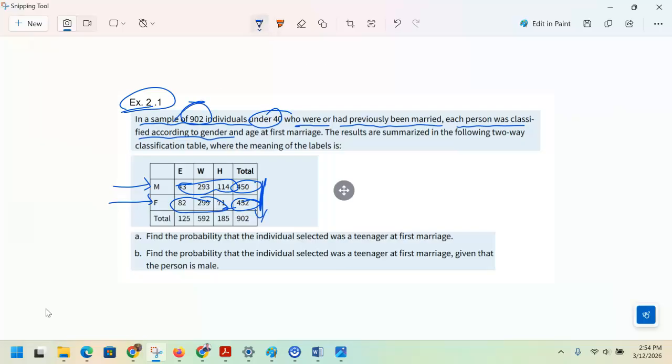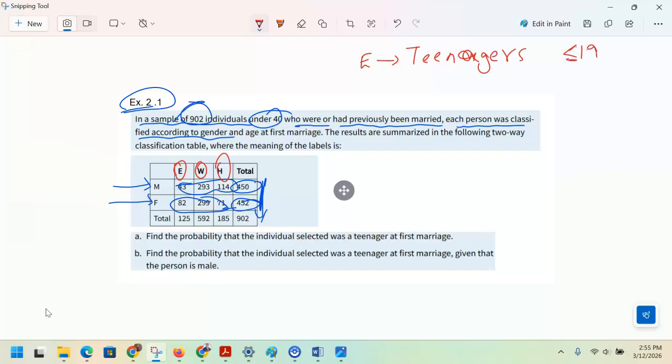But the question is, what is the meaning of this E, W, and H? E stands for those persons who are teenagers, that means teenagers who got married, in the age group maybe just less than 19 or until 19 years.